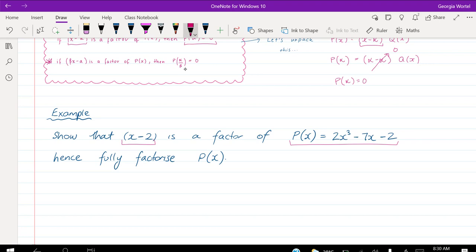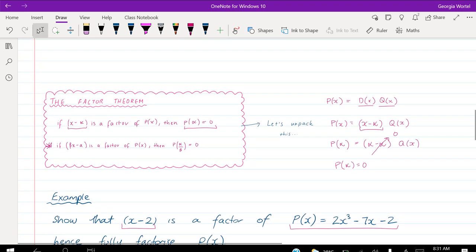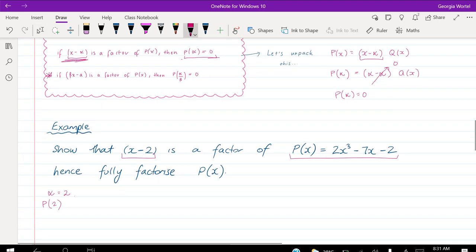So we could say, well, our alpha in this case is equal to 2. So if I sub my alpha, my 2, into my polynomial, what should my answer be? My answer should be 0. In order for this to actually be a factor, if I sub that 2 in, my answer should be 0. And if we can show that that's equal to 0, then we've shown that x minus 2 is in fact a factor of this polynomial.